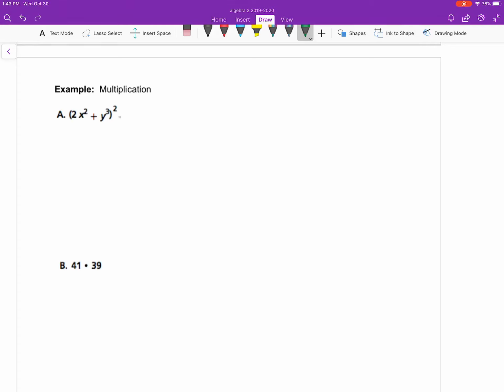Okay, so the second page is just a bunch of practice, so you may want to do this part before you watch the videos. But you can just take this first example, rewrite it, times the quantity times itself, and FOIL everything out.